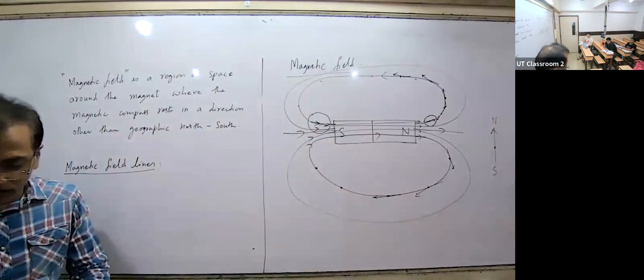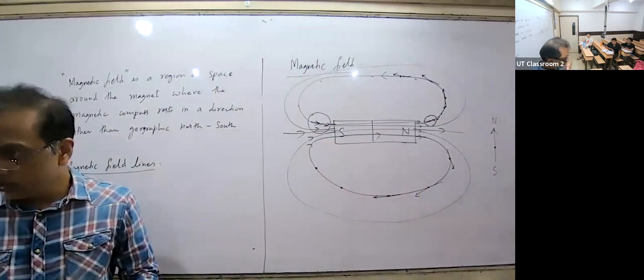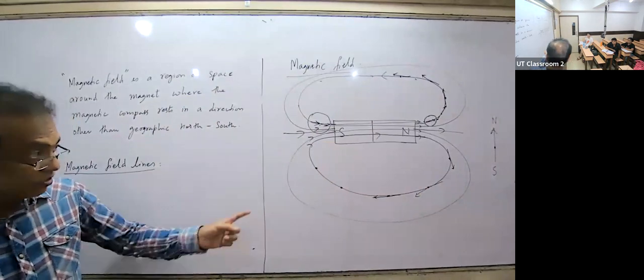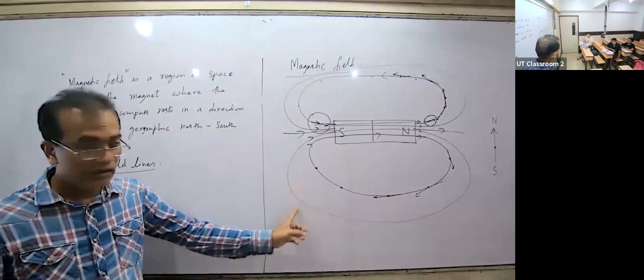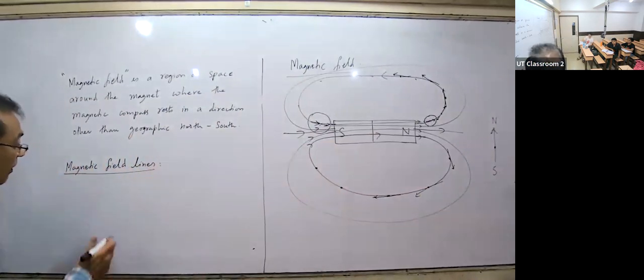Now, the field is there, but can we see it? I am telling you that Earth's magnetic field is everywhere. Can you see it? No. So to give a visual representation, we draw the field lines. So what are magnetic field lines?